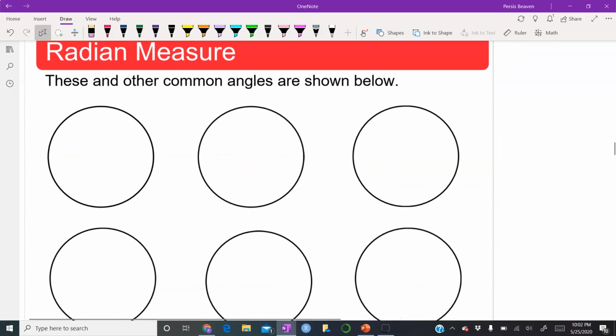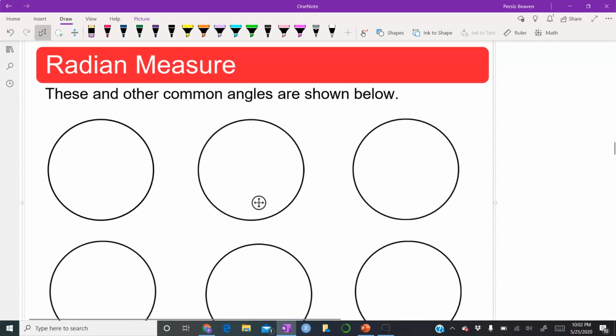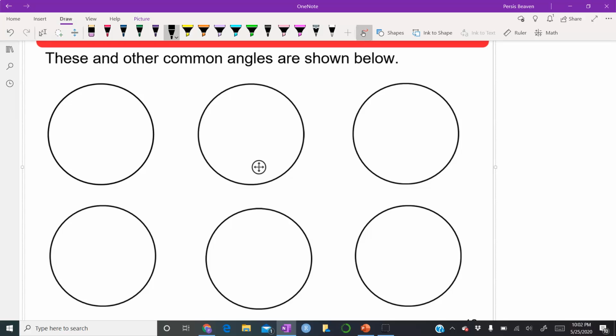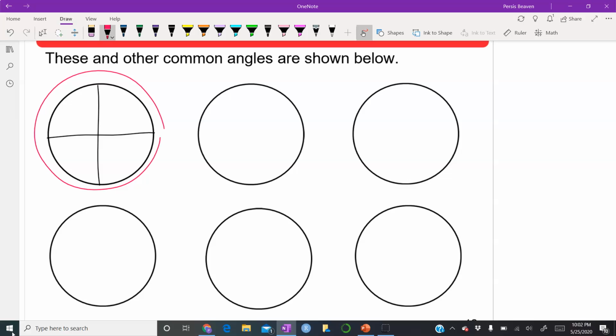So let's try to do that here with our circles. So the very first one, I want you to go ahead and divide it. So let's divide it in half, and then another half just to simulate the x and y axis. And so if we go one full rotation in the positive direction, we will have 2 pi.